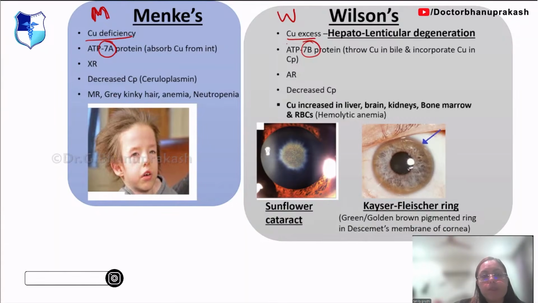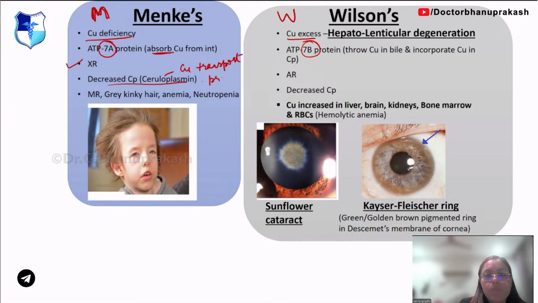Copper deficiency, ATP7A protein defective, which absorbs copper from the intestine. It is X-linked recessive. There's decreased ceruloplasmin. Ceruloplasmin is the copper transport protein. Because copper is not there, it is decreased.